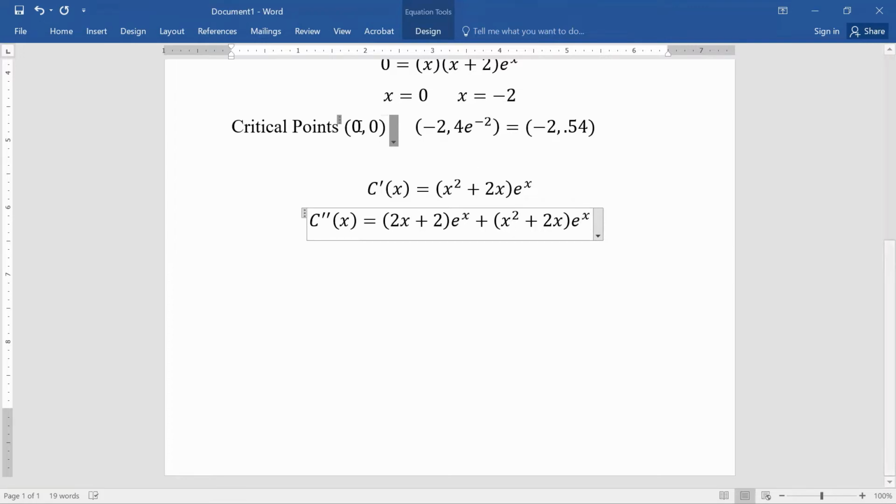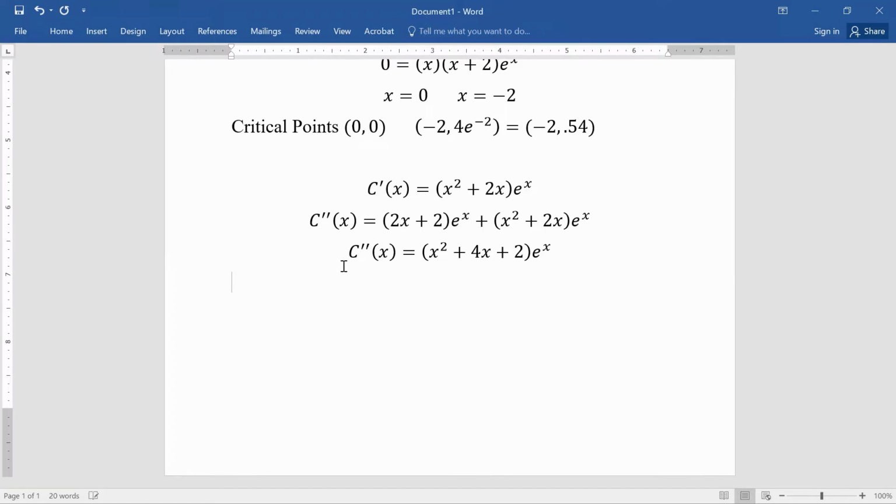I can combine like terms. Notice that both of these have e to the x, so I can combine the polynomials inside and find out that my second derivative is x squared plus 4x plus 2 multiplied times e to the x power.